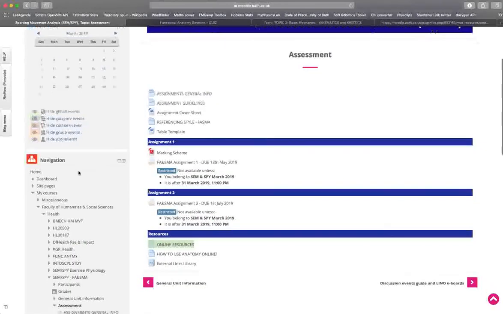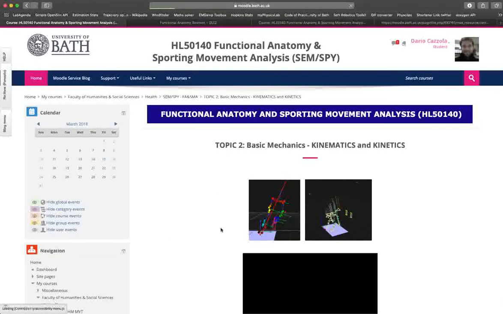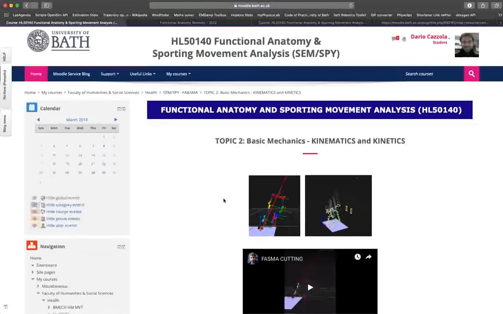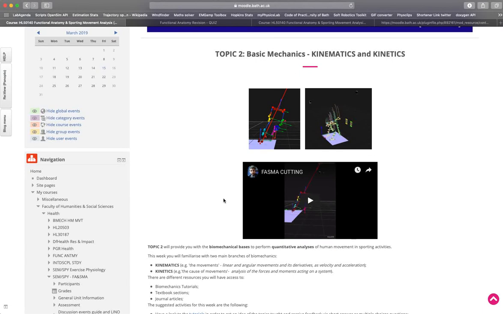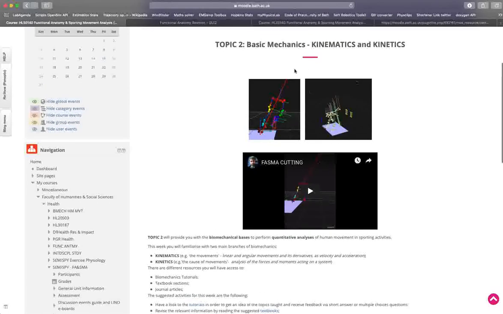So today I want to introduce the new topic, which is going to be topic number 2. This topic is focused on basic mechanics or biomechanics, and you're going to get familiarized with two main branches of biomechanics, which are kinematics and kinetics. I put here some nice figures and a video of a cutting movement that you can play, because that is related to the activity that you're going to do next week.